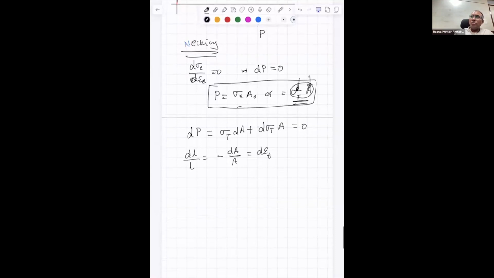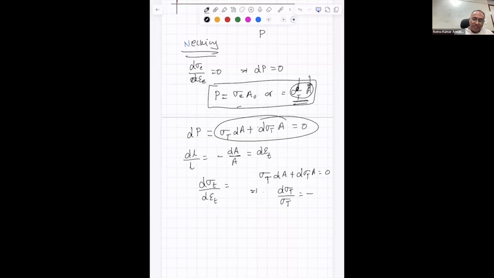So what you can show now, d sigma t by d epsilon t: looking at the equation sigma t dA plus d sigma t A equal to 0, that implies d sigma t by sigma t is equal to minus dA by A. Can you see that? Yes, sir.